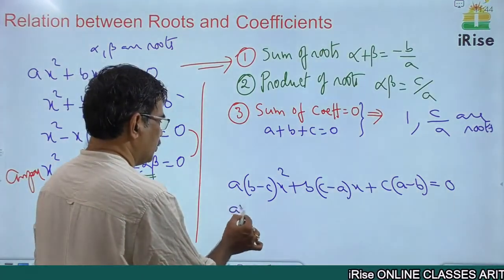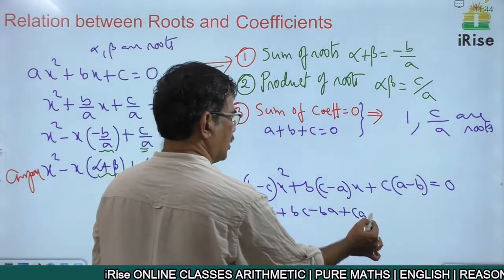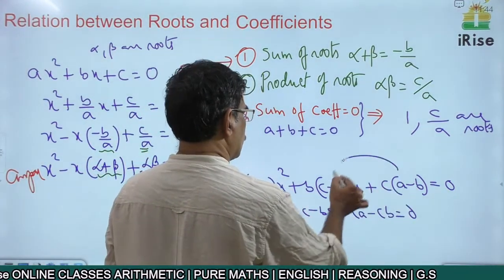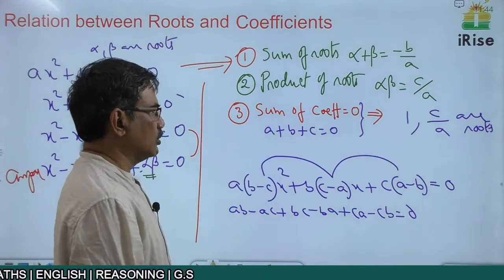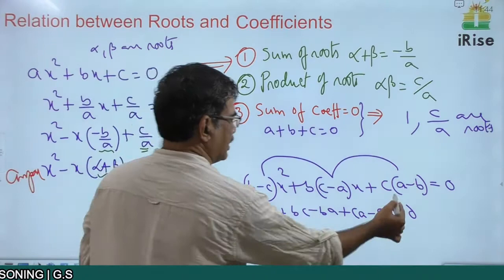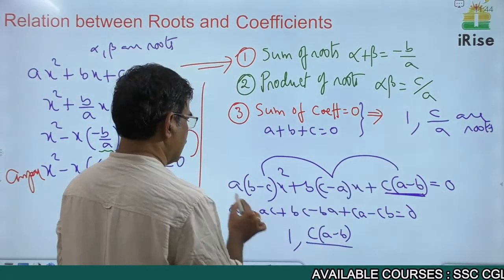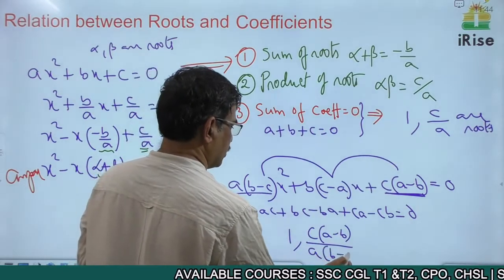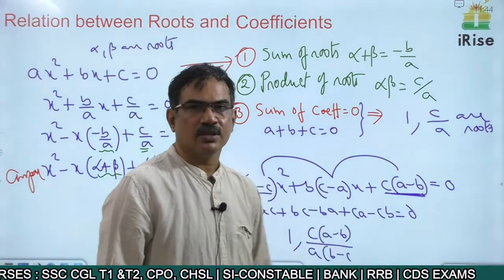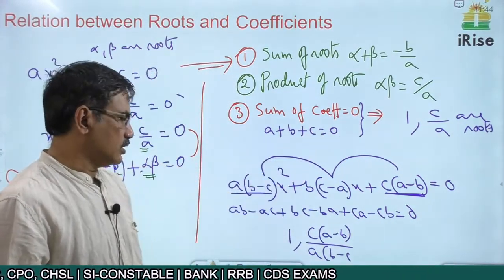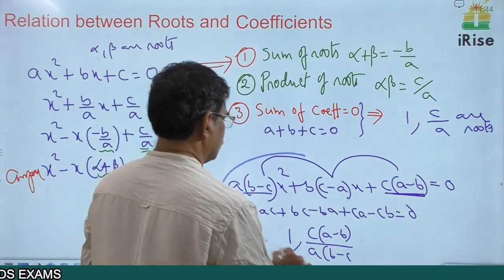Here ab minus ac plus bc minus ba plus ca minus cb is equal to 0. The sum of the coefficients is equal to 0. If the sum of the coefficients is equal to 0, then what are the roots? 1 comma c by a. Here c means c into (a minus b), and a means a into (b minus c). So these are the roots of this equation. So if the sum of coefficients is equal to 0, we say that 1 comma c by a are roots.